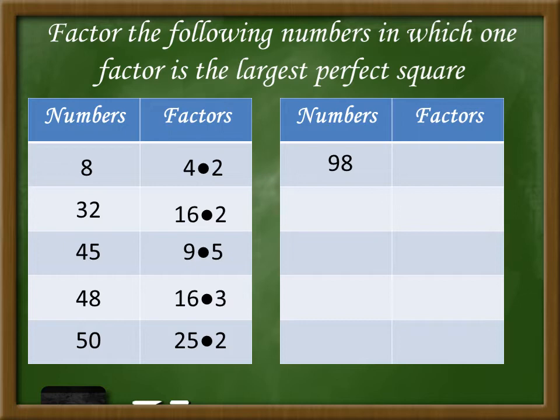98. What are the factors? We're getting higher. It's 49 times 2. 49 is the largest perfect square factor for 98. Next. 128. What are the factors?